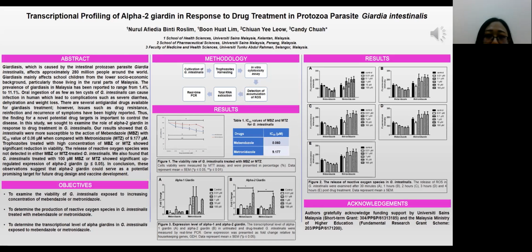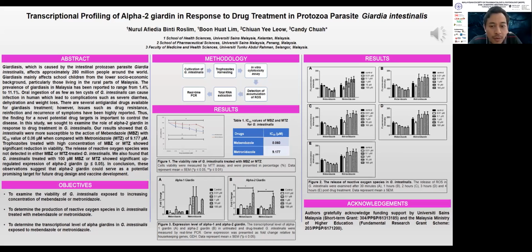So in this study, we would like to check how this gene responds to the stress induced by drug response in parasite.